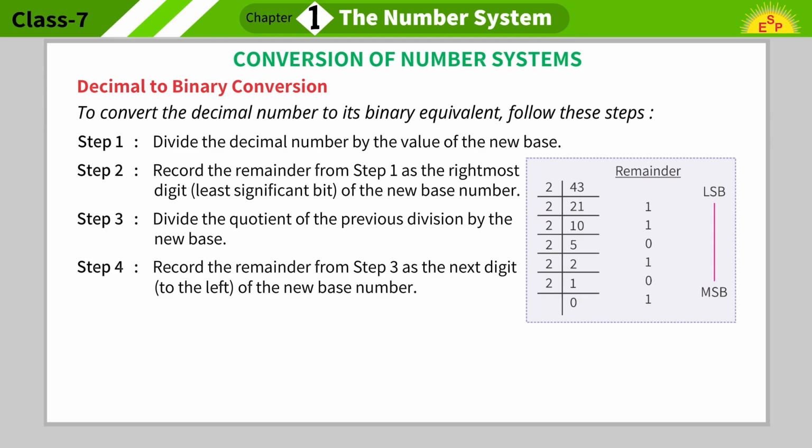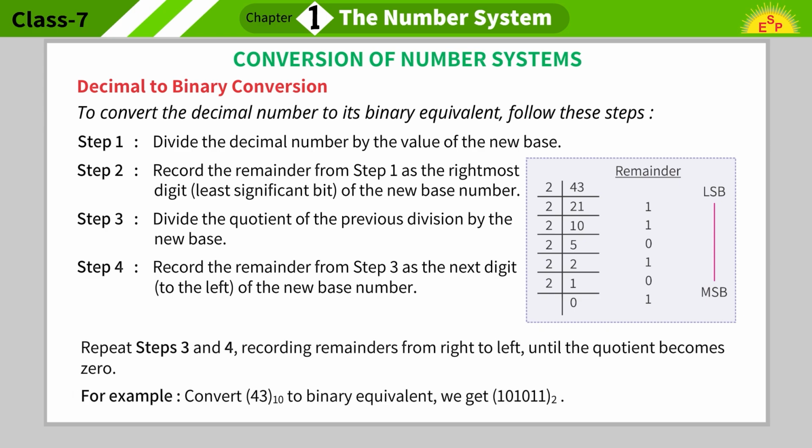Divide the quotient of the previous division by the new base. Step 4. Record the remainder from step 3 as the next digit to the left of the new base number. Repeat steps 3 and 4, recording remainders from right to left, until the quotient becomes 0. For example, convert 43 base 10 to binary equivalent, we get 101011 base 2.